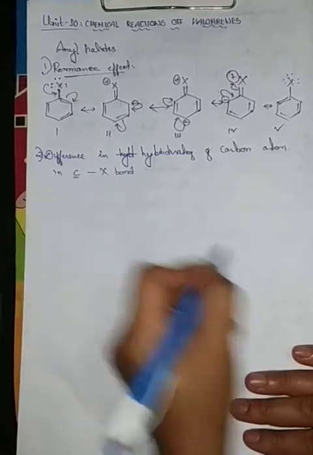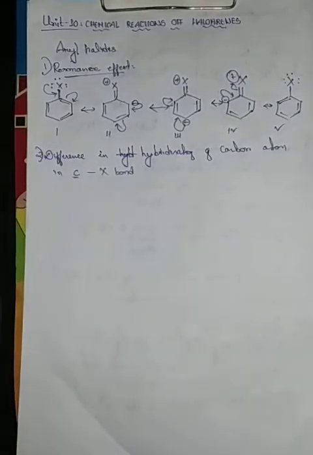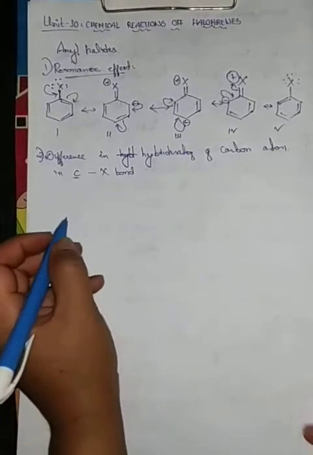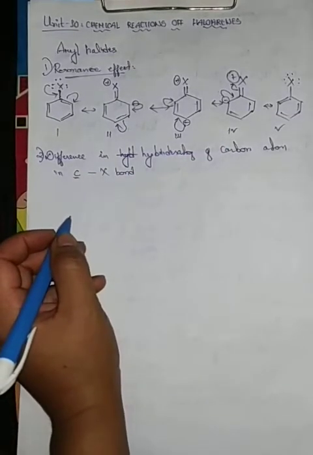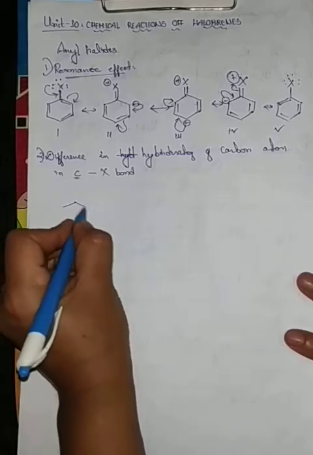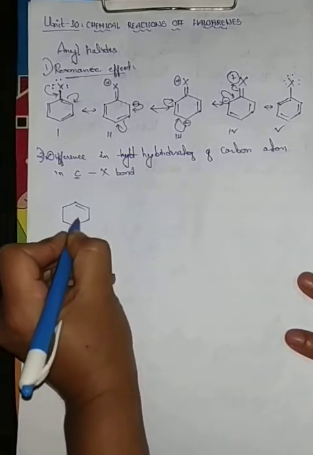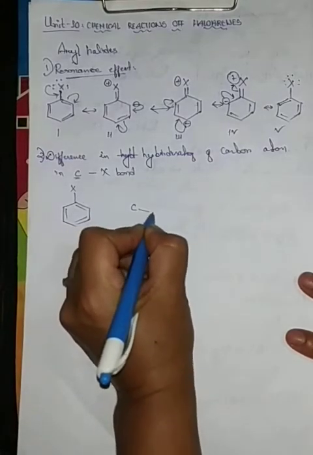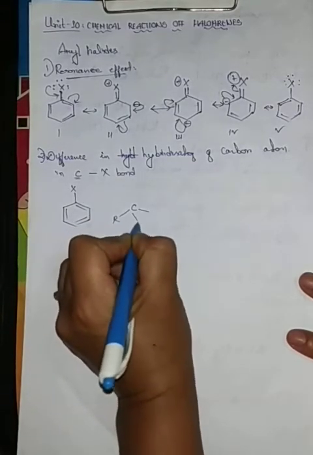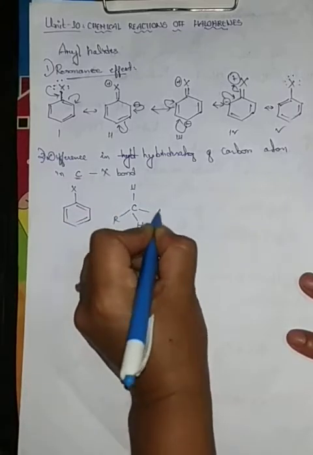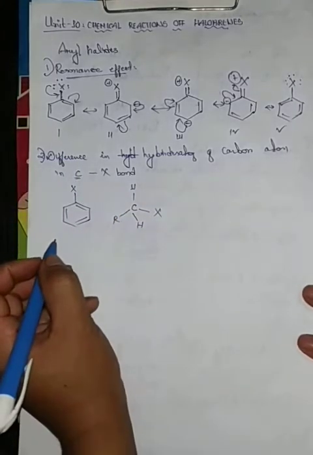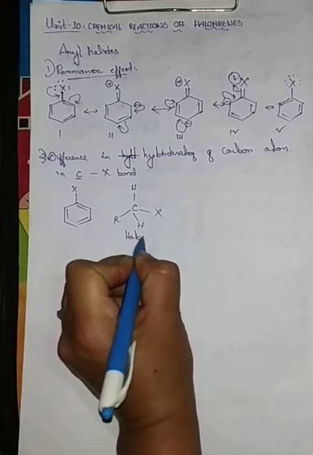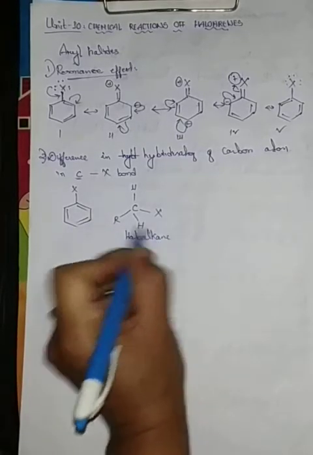Now if we check the hybridization of the carbon atom in the carbon to halogen bond, we will see it here in haloalkane and in our haloarene.